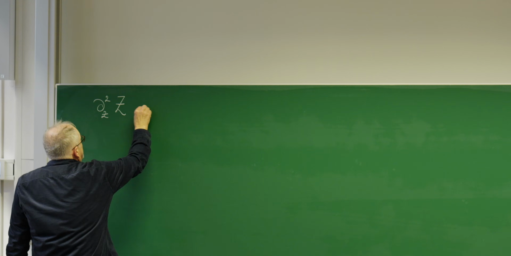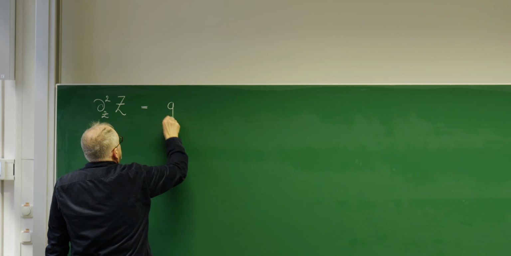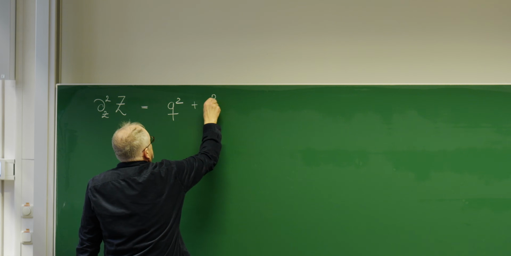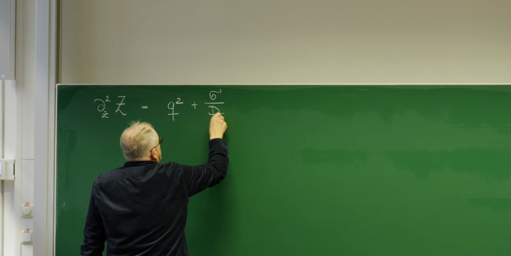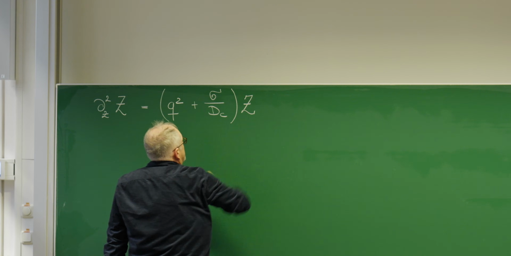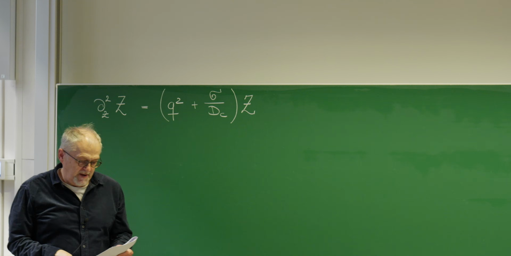So let's rewrite this equation and put things on two different sides. Let's put the differential operator on one side, and on the right-hand side all the rest. So that would be q squared divided by D_c plus the growth rate divided by D_c, times the function Z. Okay?